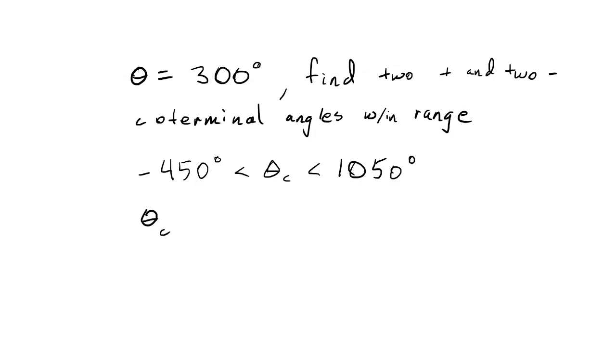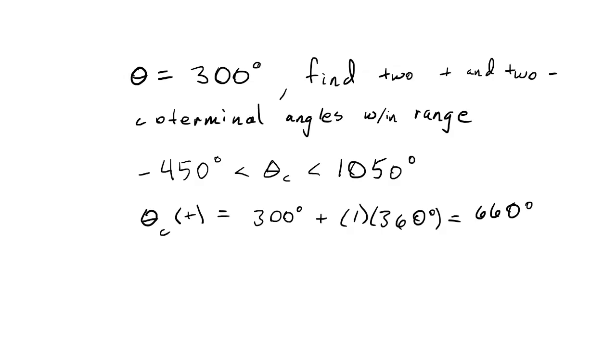But in this case, because 300 is so close to this range, all that I'm going to do is set k equal to 1 and find one of the positive coterminal angles by simply taking 300 degrees and adding 1 times 360. So by doing this, I just found an angle of 660 degrees, and this is going to be one of the answers to the question. Similarly, we can see that this is still positive, but if we subtract 360, it won't be a positive answer.